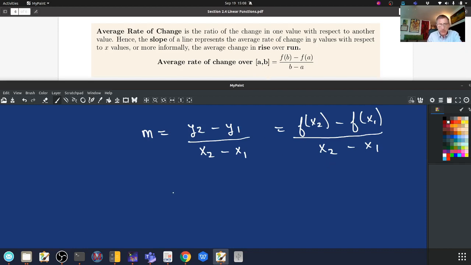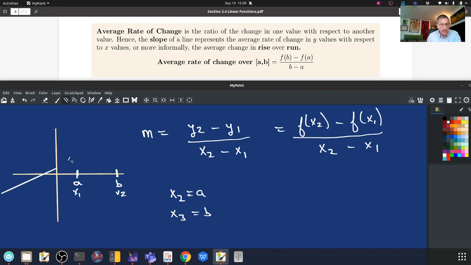So in other words, if x1 is equal to A and x2 is equal to B, let's draw a really quick little graph here. So this is going to be my A, and this is going to be my B, or if you want x1 and x2, and I have a line. Let's put some points right there.